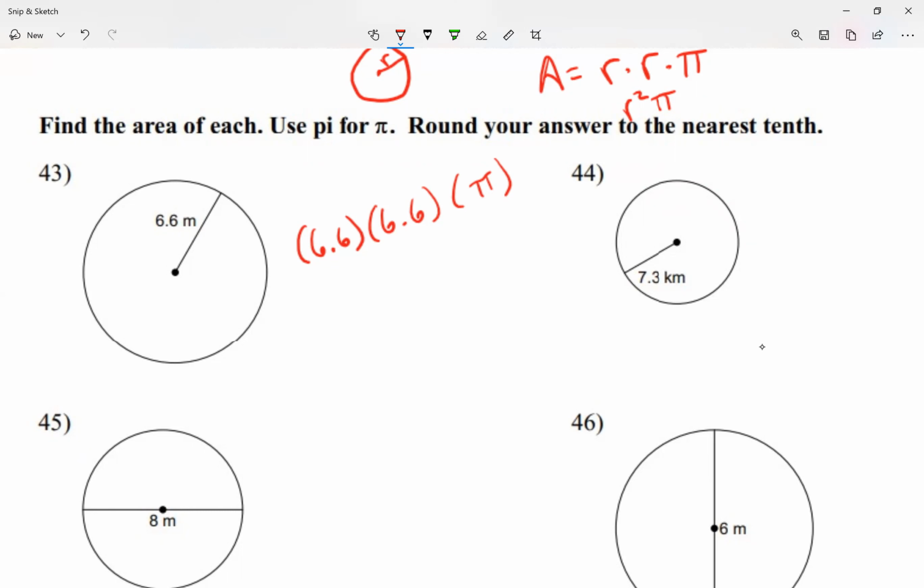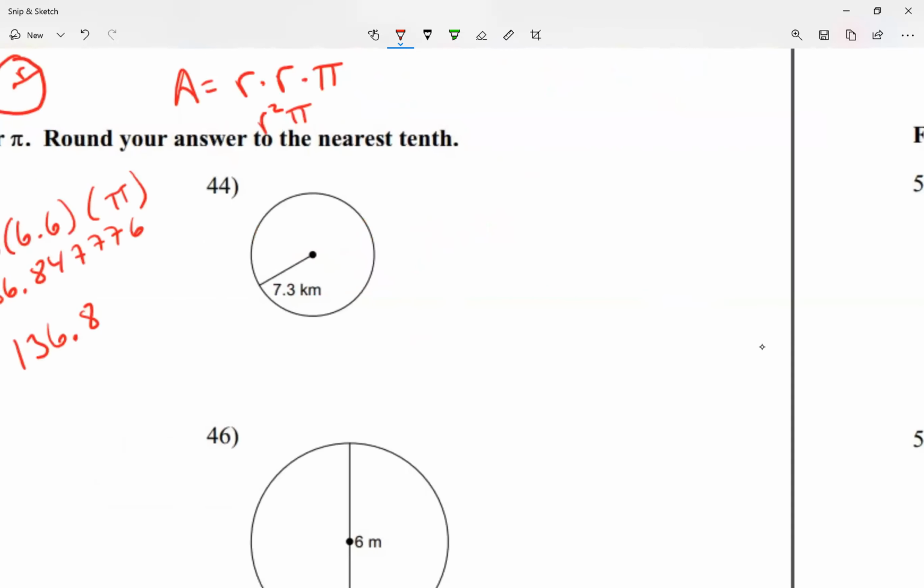Okay, so according to my calculator here, I get 136.847776. Okay, it says rounded to the nearest tenth. My instructions here says nearest tenth, so 1 decimal place. So my answer will be 136.8.